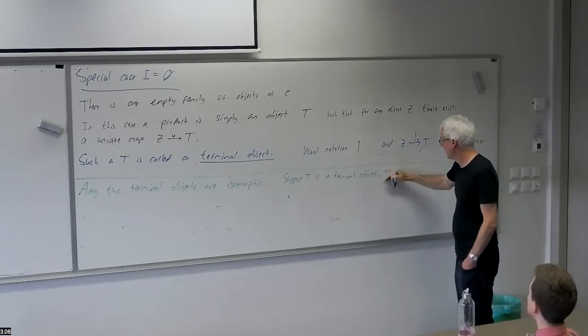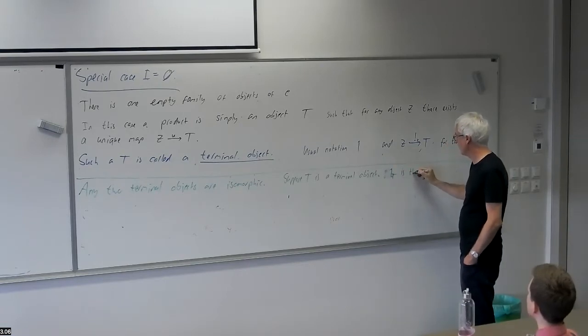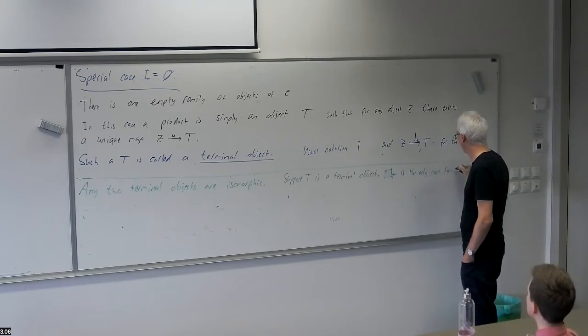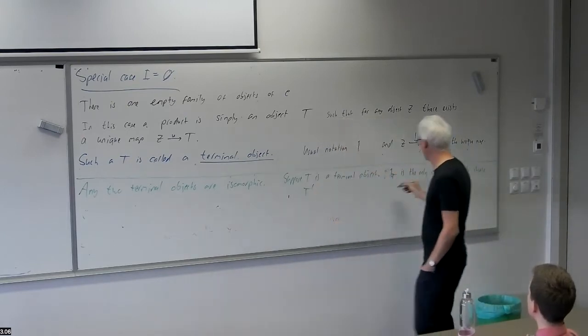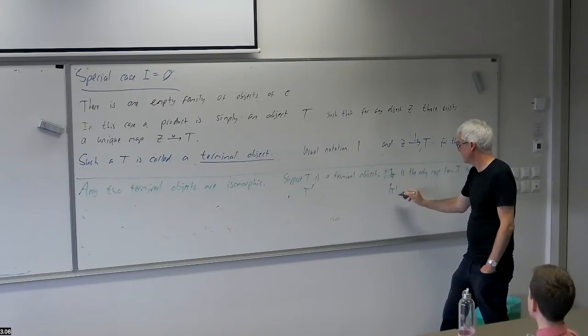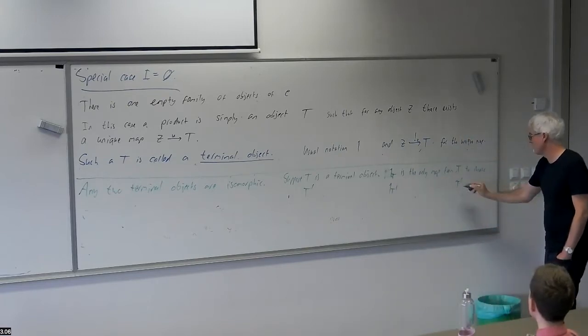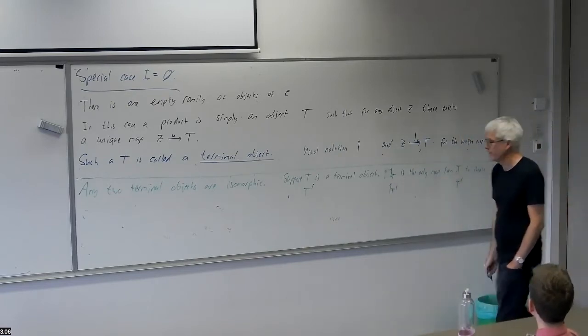So let's just write it like this. 1T, the identity on T, is the only map from T to itself. And suppose T prime is another terminal object. By the same argument, 1T prime is the only map from T prime to itself.